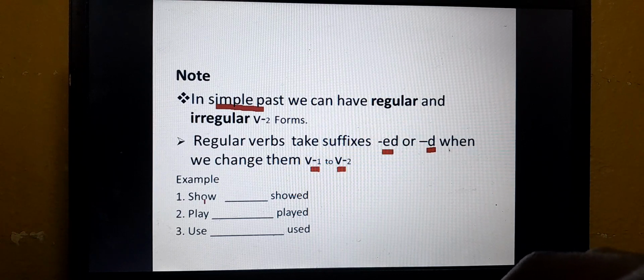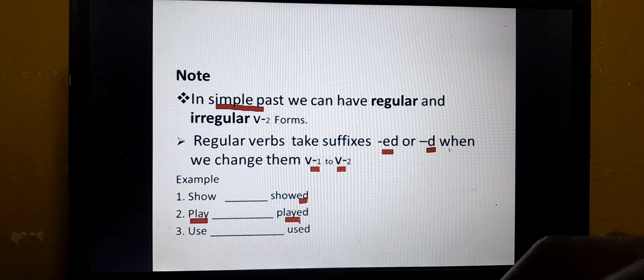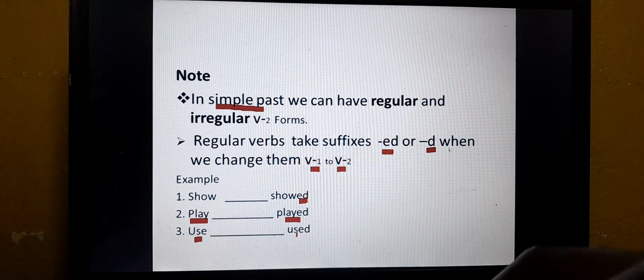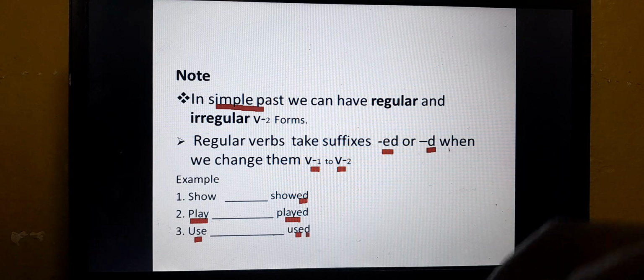For example, show: show is present, showed is past, and it has taken the suffix ed. Play, present; played, past, it has taken the suffix ed. And use, this is present, and used, it has taken the suffix d.